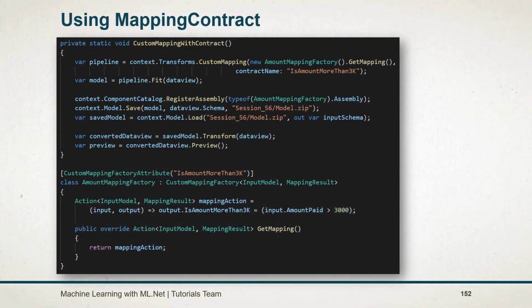In this example, we defined the action in a new class. We need to inherit it from the CustomMappingFactory as well as decorate it with the CustomMappingFactory attribute and specify the contract name. We need to register the assembly as the logic is written within the C# code. Otherwise, we will not be able to save the model.